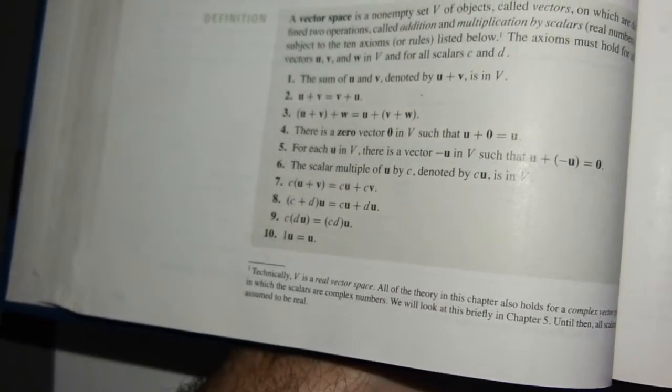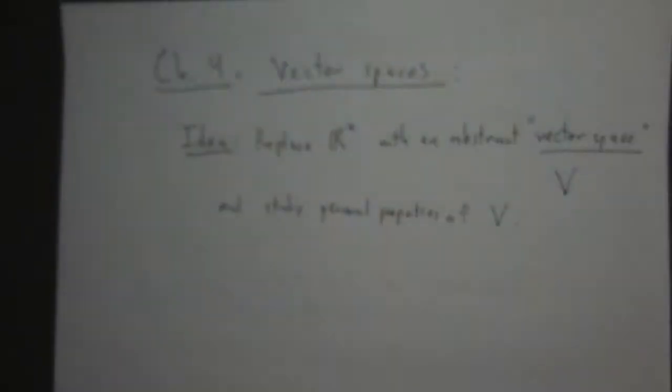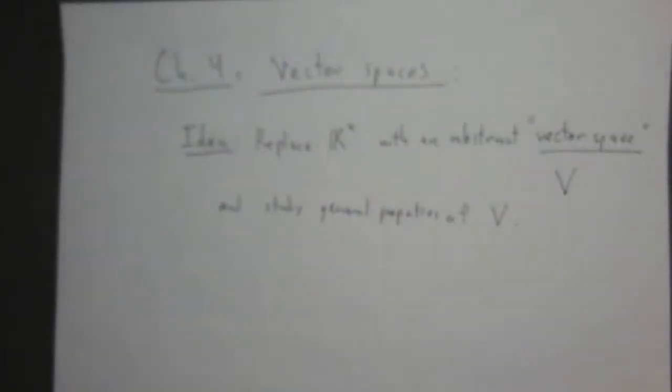So if I have a sum of scalars times u, I can distribute in that usual way that I'm used to in Rn. Number 9 says that I can change the order that I do the scalar multiplication in, so I can just multiply the scalars first before scalar multiplying. And then 10 says that 1 times u is u. So scalar multiplying 1 times the vector u is u.